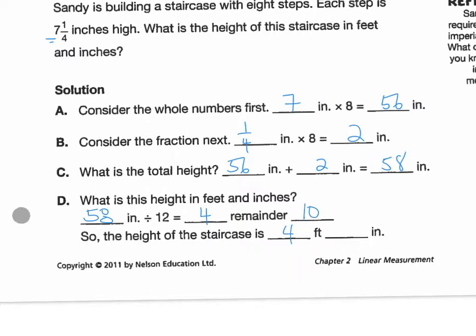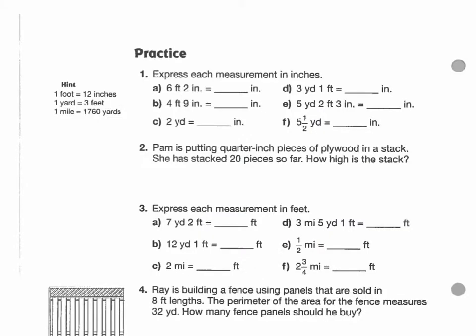So it's going to be 4 feet and 10 inches, because 4 times 12 is equal to 48, and 58 minus 48 is equal to 10. So your 4 feet, 10 inches is the staircase height. Here's some practice for you.